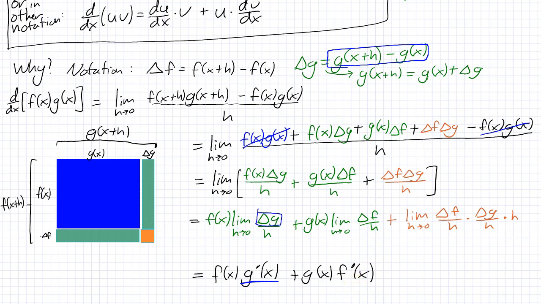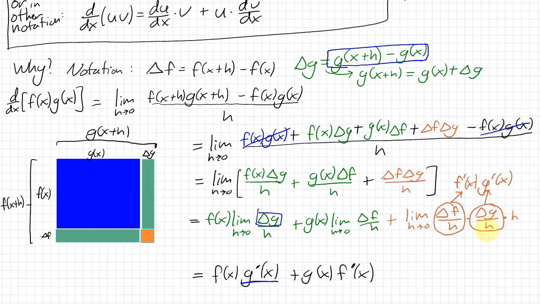And then we have to do a weird trick with this one to see what happens here. This part, well, first I'm going to write it as delta f over h, because I want that to become f prime of x. So this part is going to get closer and closer to being f prime. The change in g divided by the change in h gets closer and closer to being g prime of x.